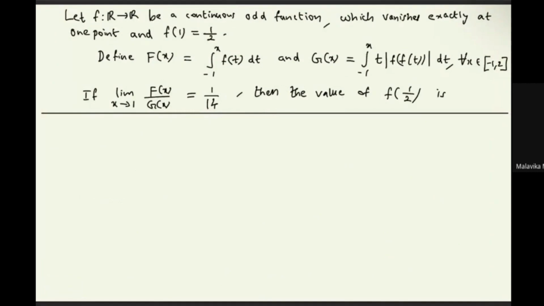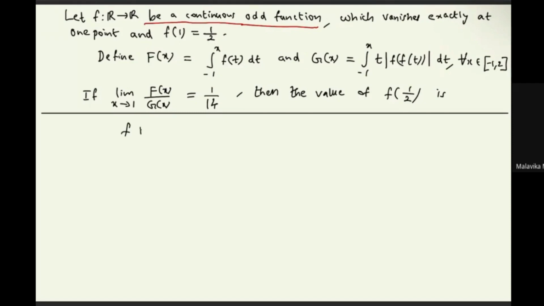If you understood that, we can go to the next problem. This is a very interesting problem. So again, some conditions are there which you should be very careful what is given. So f from R to R is a continuous odd function. I hope you know what is odd function.